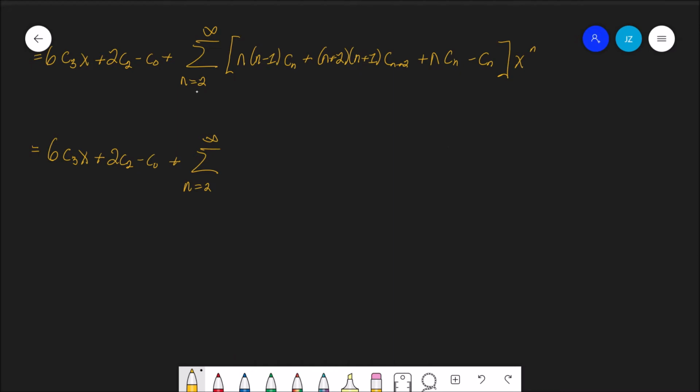So within here, we want to write all of our c sub n terms together, and then our c sub n plus 2 term. So we'll have n times n minus 1 plus n minus 1, and that whole thing is times c sub n, plus n plus 2 times n plus 1, and that is times c sub n plus 2, and it's still all times x to the n.